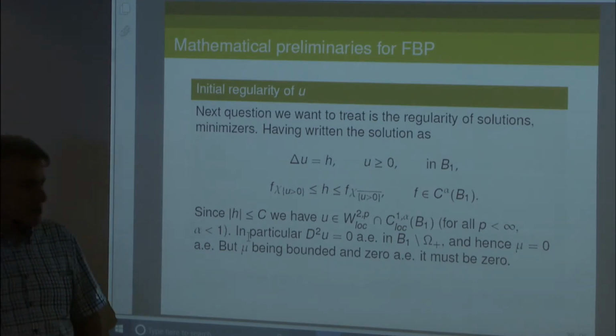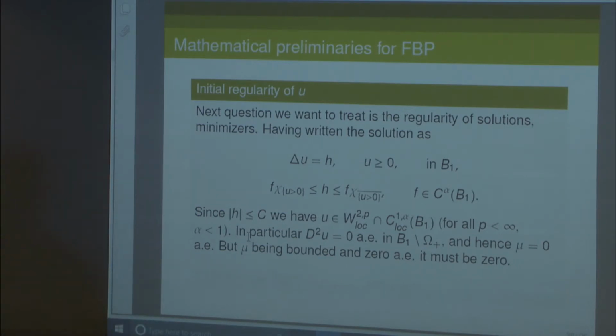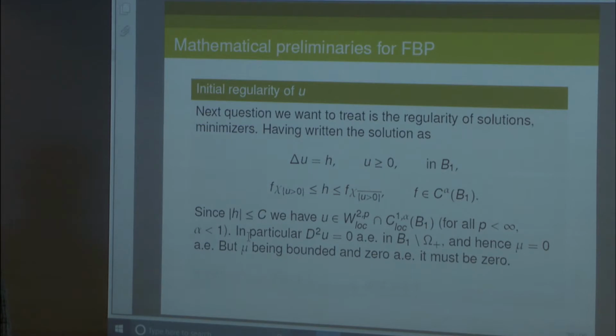Okay, so the measure is 0 almost everywhere, but mu is also bounded. So think of a measure which is 0 almost everywhere. Think in terms of measure theory. And it's also bounded. So the measure is represented by something times a characteristic function.